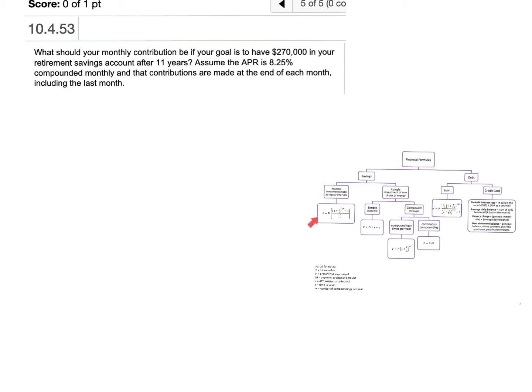Multiple investments at regular intervals. So let's copy that formula down. Now the question is, what should your monthly contribution be? So we're going to be solving for M.